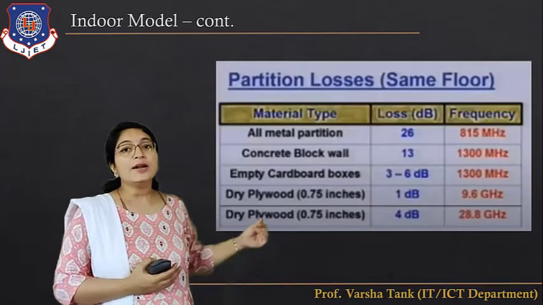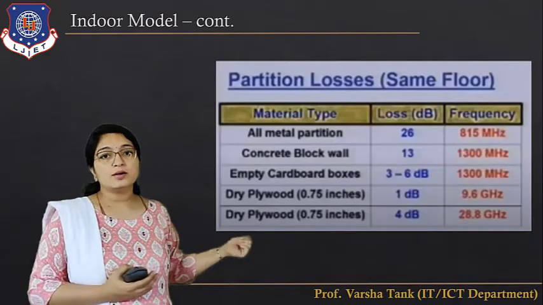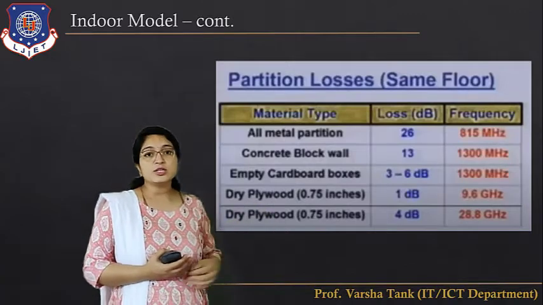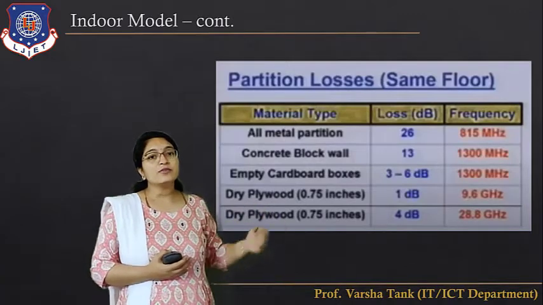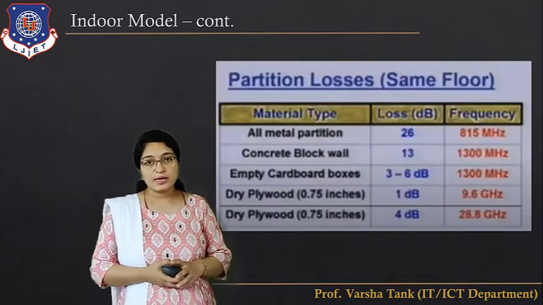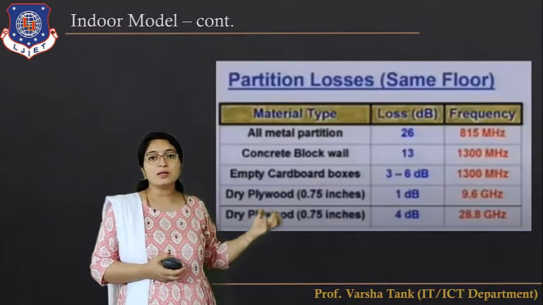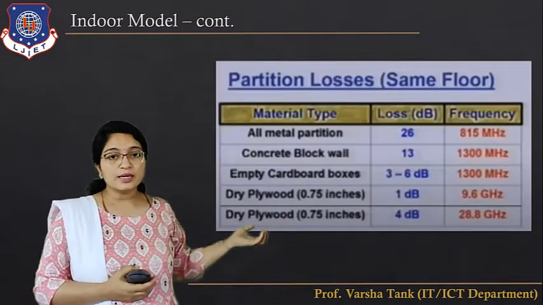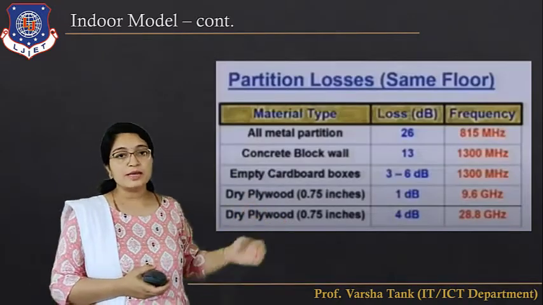Then dry plywood of 0.75 inches has a partition loss of 1 dB at a frequency of 9.6 gigahertz. So these are some calculations done based on the partition material and how the losses will be there.